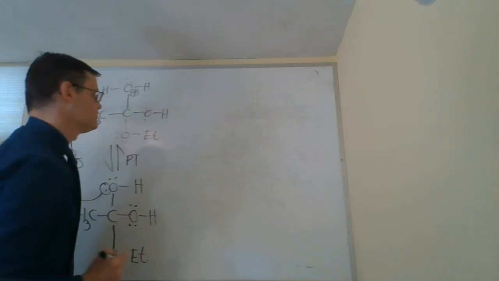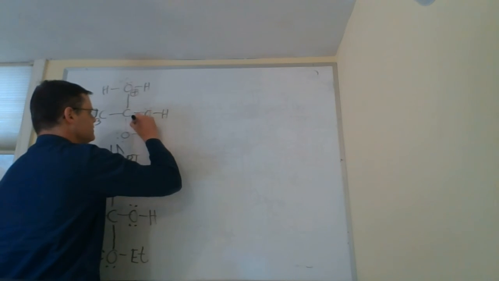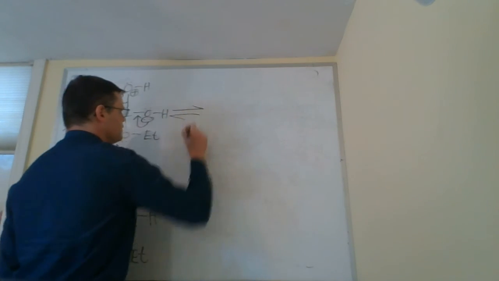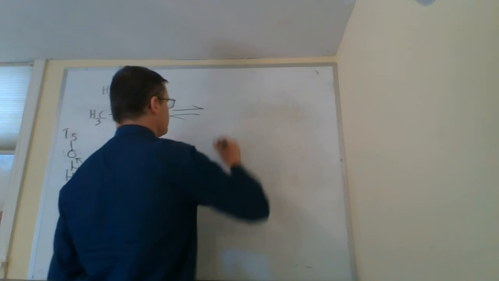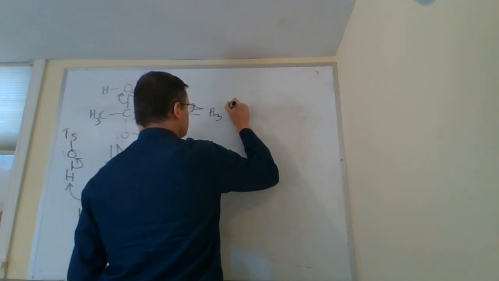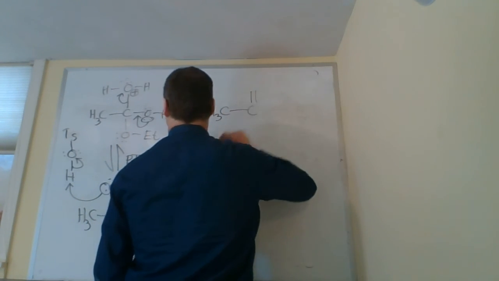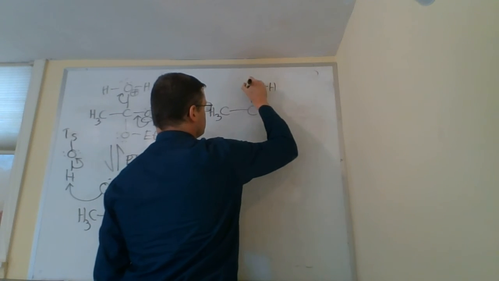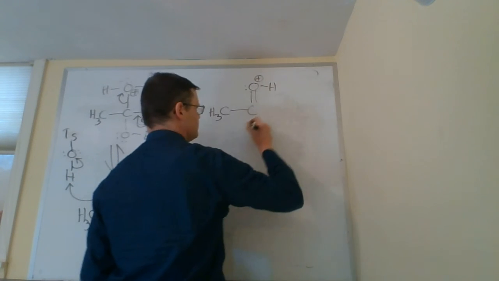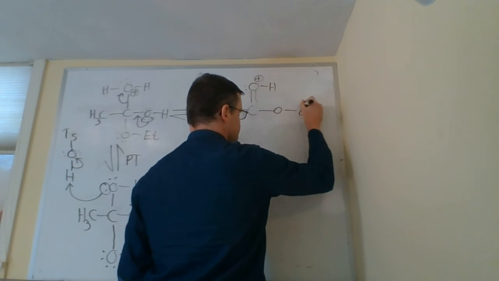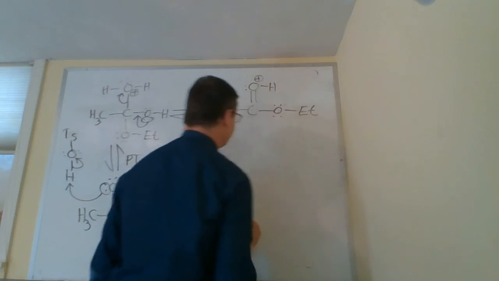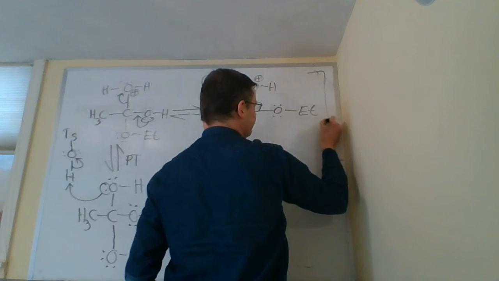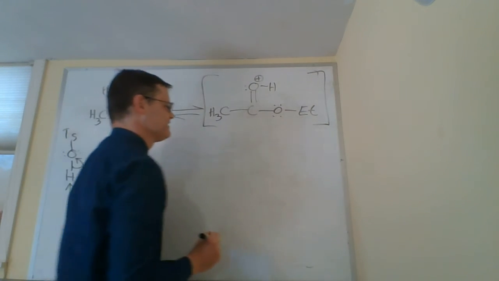And so now it's going to leave like that. And this is where we lose our water. And this oxygen, I'm going to just reposition it up here, just because it'll look cleaner, I guess, or just because it makes me happy. Maybe that's the reason. Okay, that plus water.